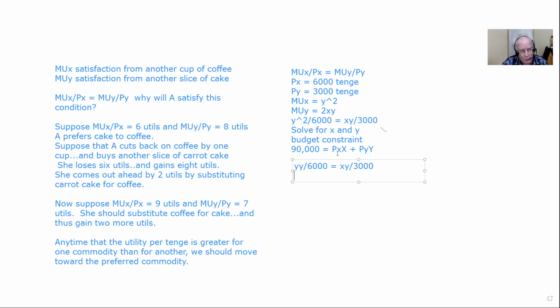So what is the natural thing to do at this point with this condition? Yes, divide both sides by y. Good.